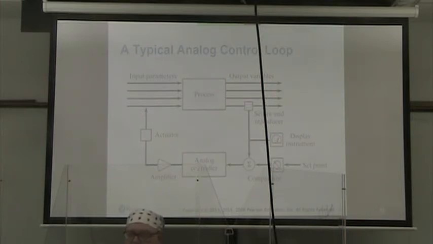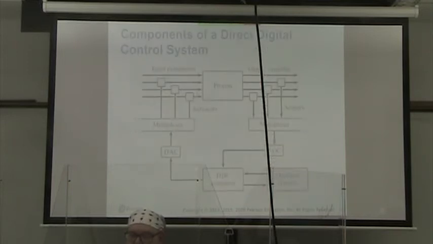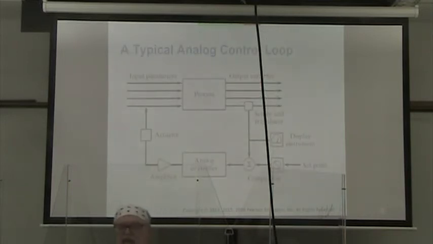They are sending it to a display instrument. We have a set point, a comparator that says, yes, these are the same, or no, they're not the same. It goes into an analog controller, then through an amplifier and an actuator to change the input variable that is going to affect the output variables that were measured.